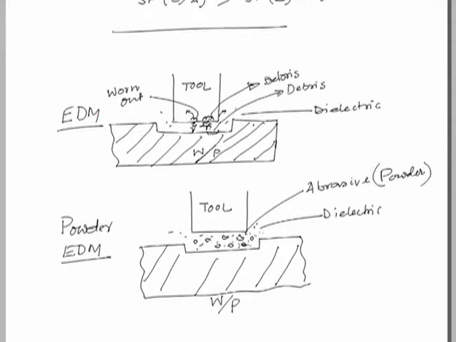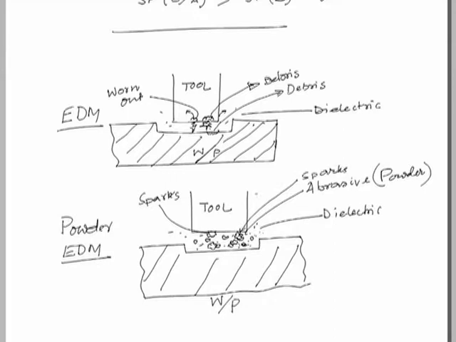Now, here because of the presence of these particles, the spark intensity will be smaller, or in other words, the sparks will be more distributed. So, these are sparks and these are sparks.